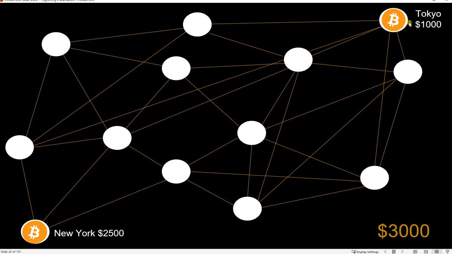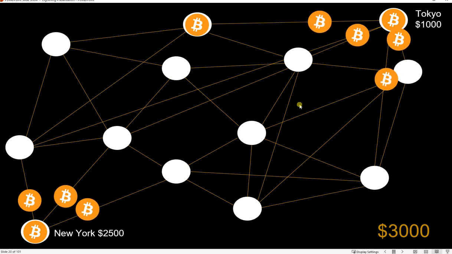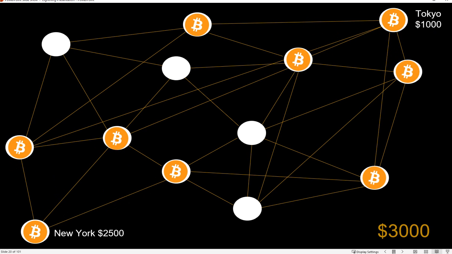Now, remember, the network is distributed throughout the world. In New York, as soon as you hit spend, it's going to connect first to a node, most likely in the New York area. In Tokyo, Japan, it's most likely going to connect to a node in Japan. And therein lies the problem. First one node processes the transaction for $2,500, and the other processes the one for $1,000.